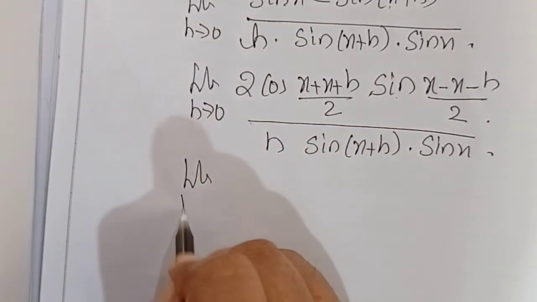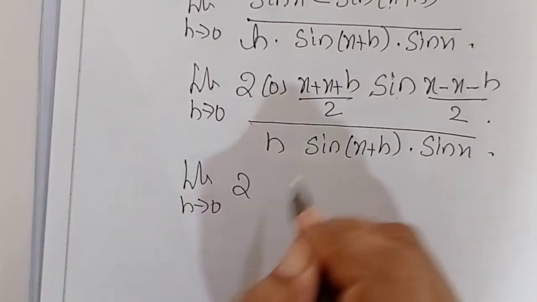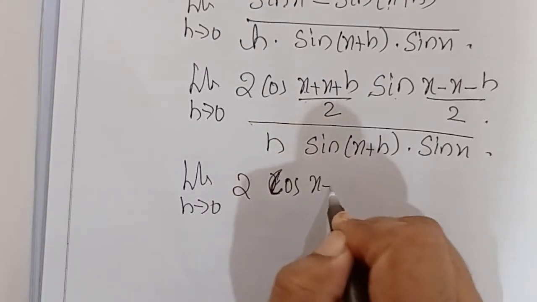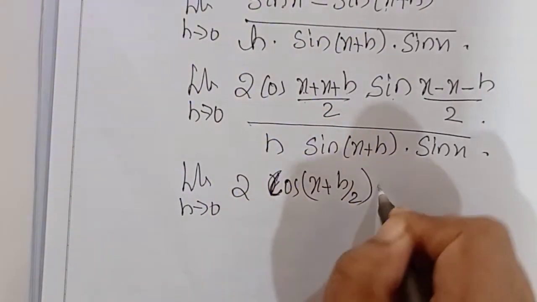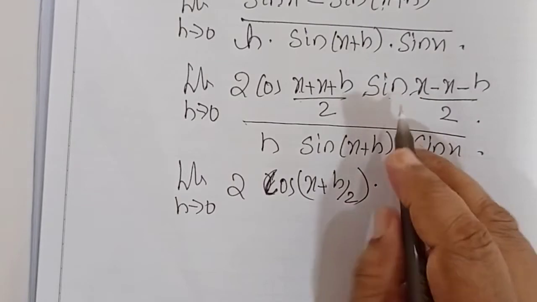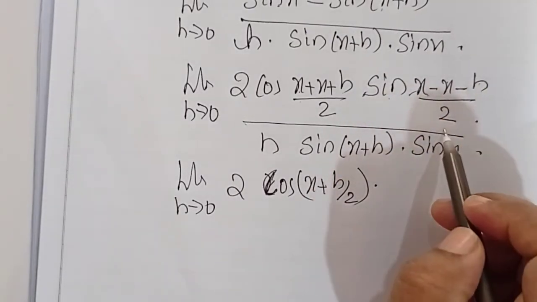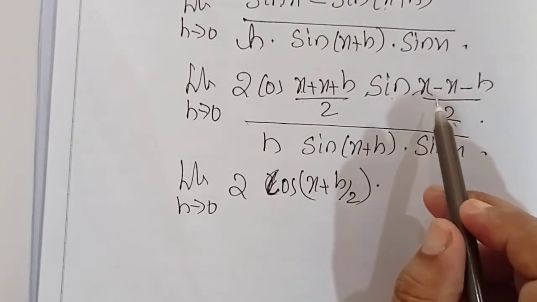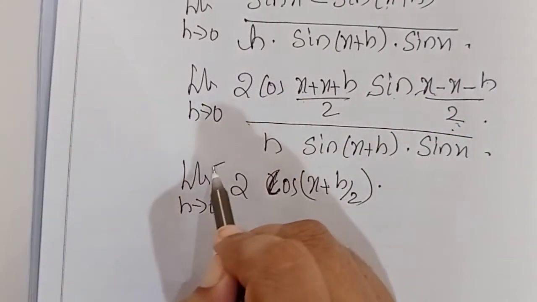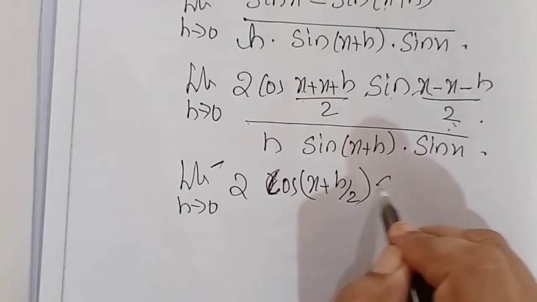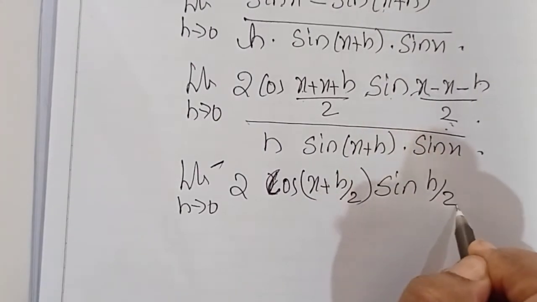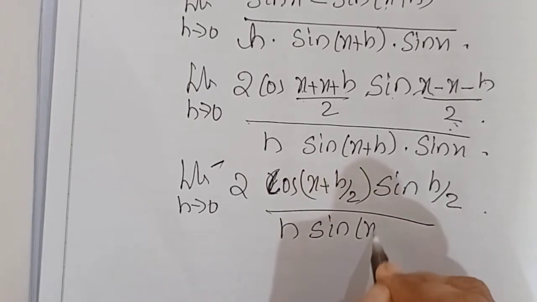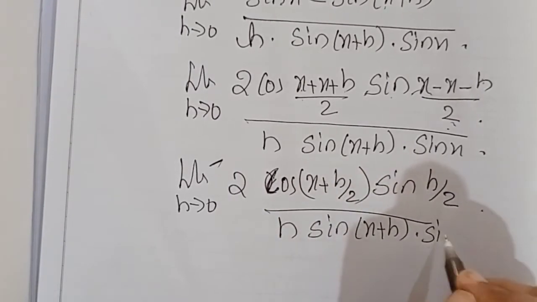That is limit h tends to 0, 2 cos((2x+h)/2) into, x and x cancel, you will get sin(−h/2). Understand? Sin(−h/2). Why so? Sin(−theta) is minus sin theta, then the minus is outside. Sin(h/2) by h into sin(x+h) into sin x.